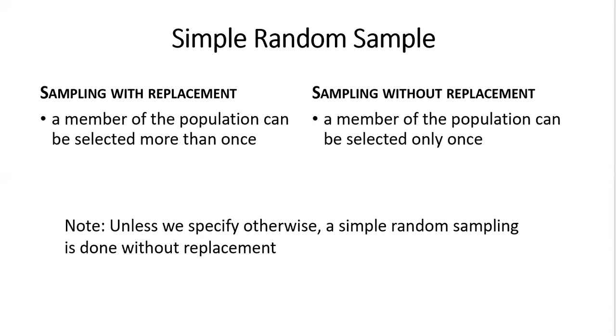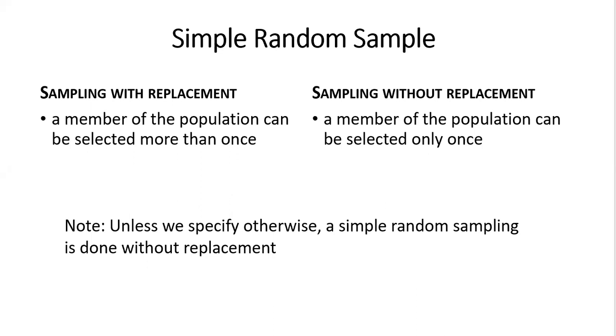And we're going to be sampling without replacement, meaning once I selected one person, that person's name does not go back into the pool to be selected again. That's sampling without replacement. So each member could be selected only once. So in this course, unless we specify otherwise, a simple random sample is done without replacement.